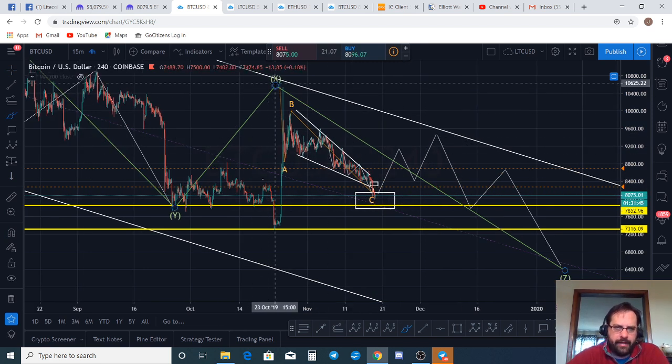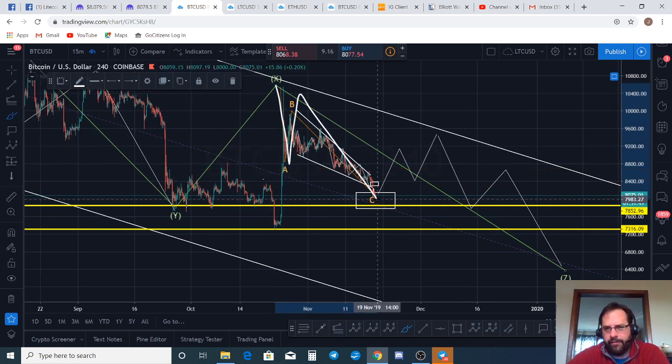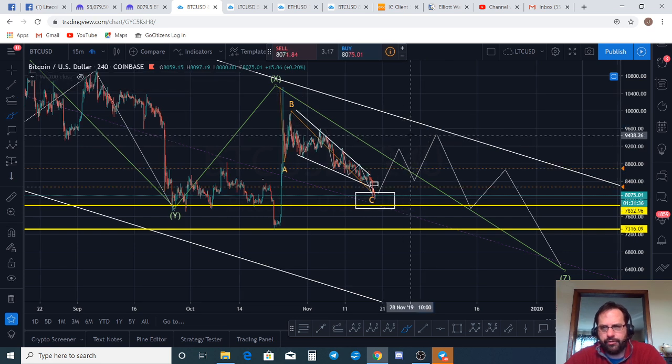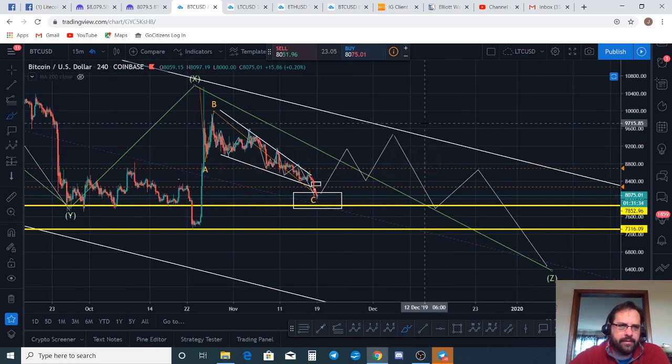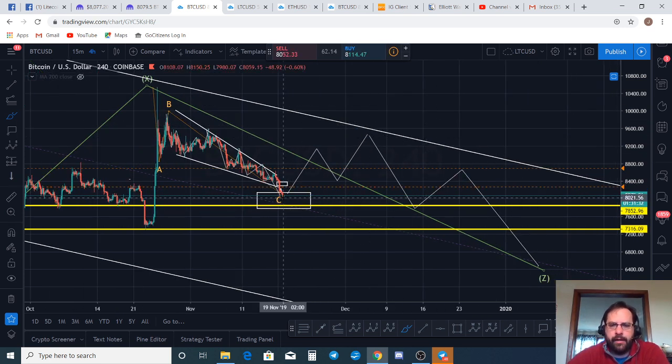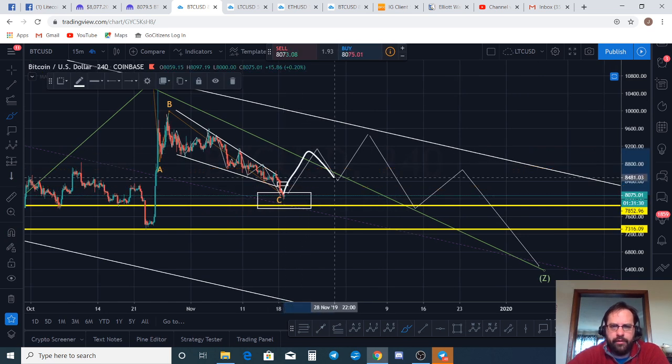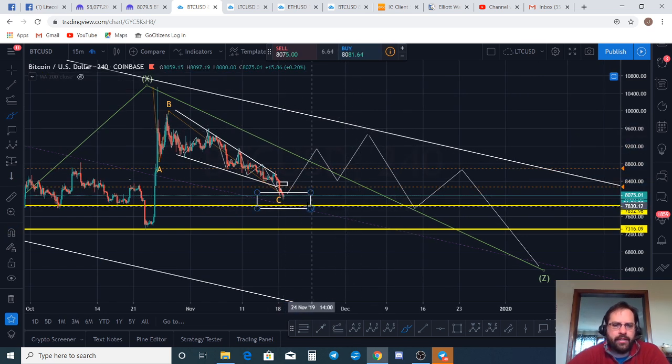But my scenario, which has this as the third wave of the first wave of Z, that scenario has this coming up as well for a substantial amount, and that's a good trade. It's a nice $1,000 move at least, right? So regardless, we've got a really good wave to trade. We just have to find the bottom.